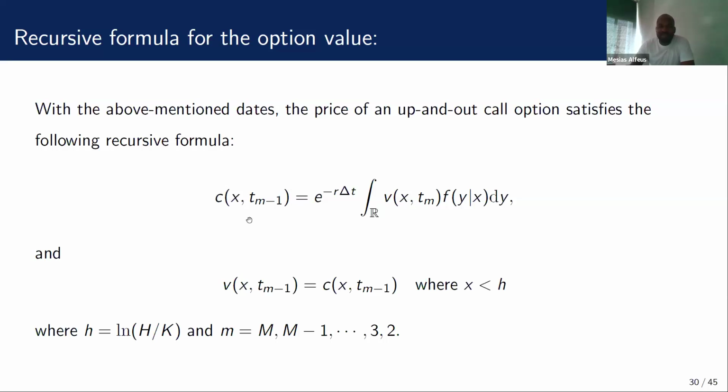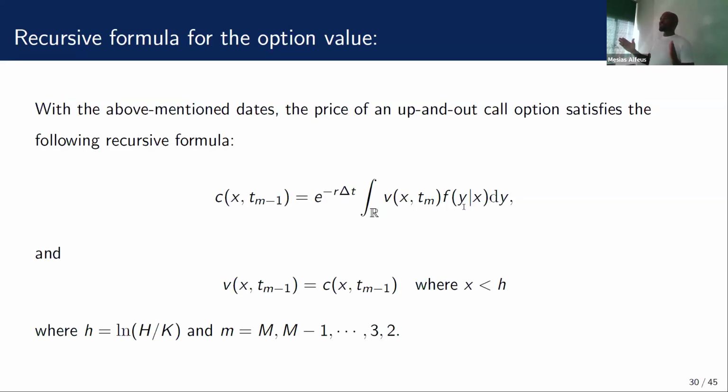So this C, you discount this. In the previous case, we had the payoff function at capital T. But now this looks like a discounted expected value as well. So we get the C, and then we update this.